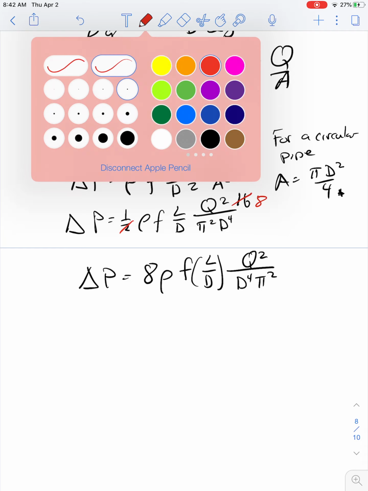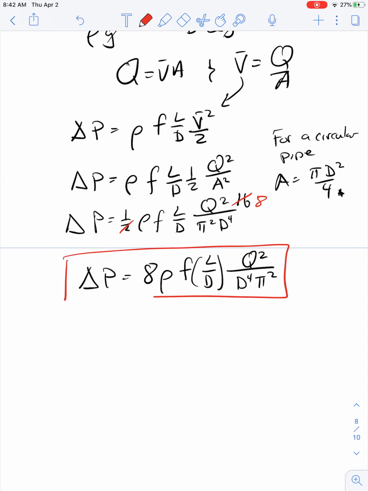So this is a nice simplified way to go back and forth from pressure to flow rate. Something that you could certainly do however you might like, either way. But this equation makes it kind of easier to work forward with.